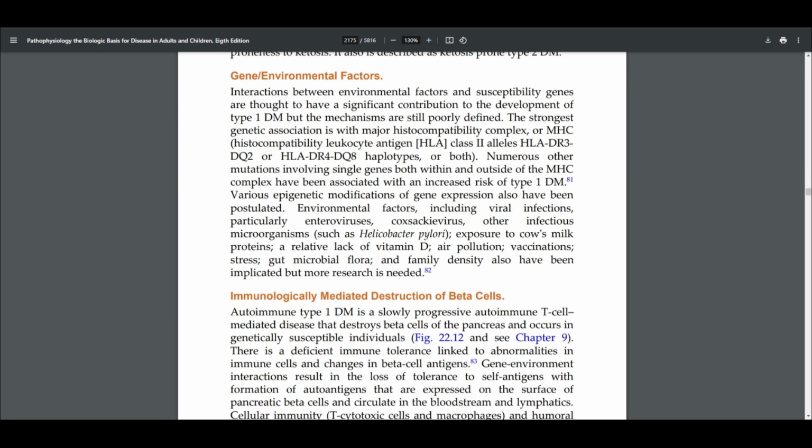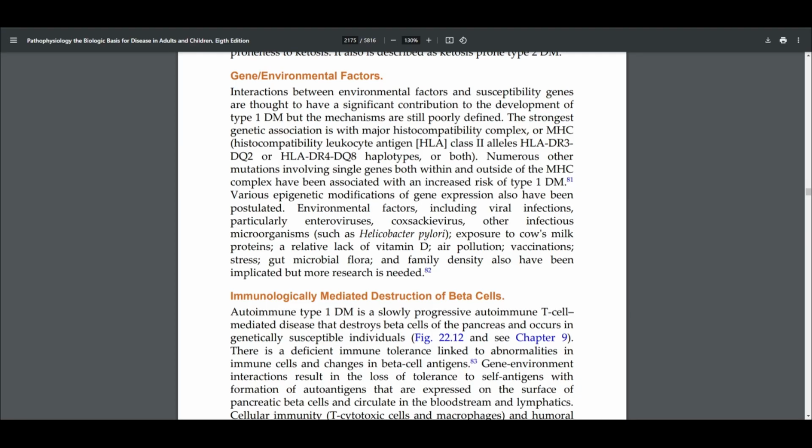So, what kind of gene environmental factors would we expect to see? Well, interactions between environmental factors and susceptibility genes are thought to have a significant contribution to the development of type 1 diabetes, but the mechanisms are still poorly defined. The strongest genetic association is with major histocompatibility complex, or MHC, class II alleles, HLA-DR3, DQ2, or HLA-DR4, DQ8 haplotypes, or both.